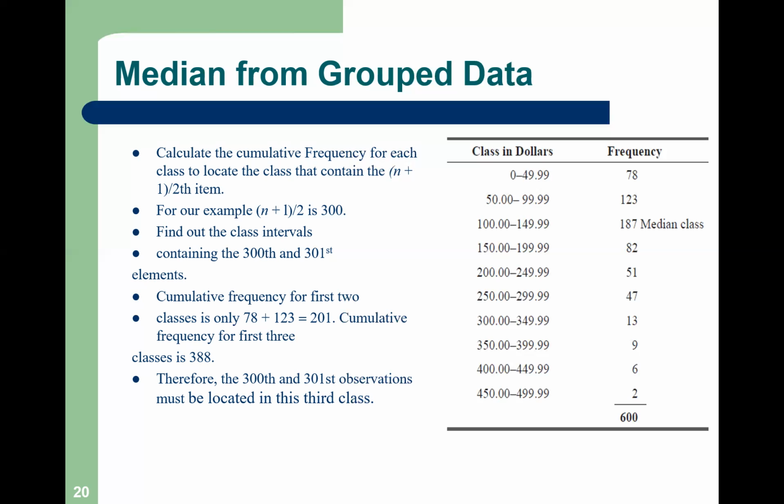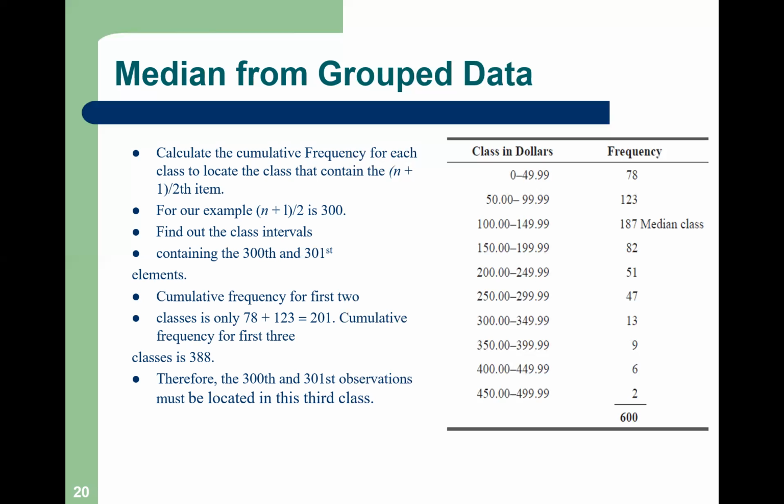Previously we learned about ungrouped data, and the formula we used, n plus 1 divided by 2, was to find the location of the median. So here, because we have classes and each class has some frequency, first we need to find which class actually has the median value.